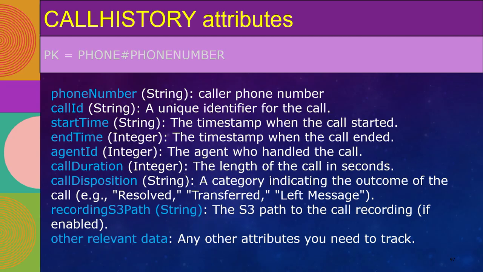So the duration of the call, disposition, what happened? The call was resolved, was it transferred, left a message, recording path. This is the S3 path of the call recording if enabled. And so there's this call history, I'm going to say virtual table, that I might want to be accessing and customizing.